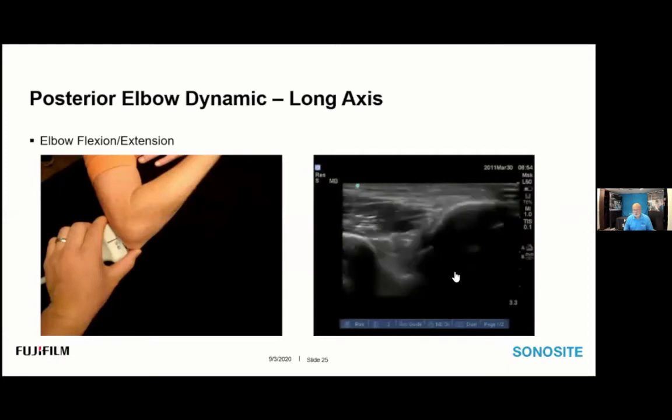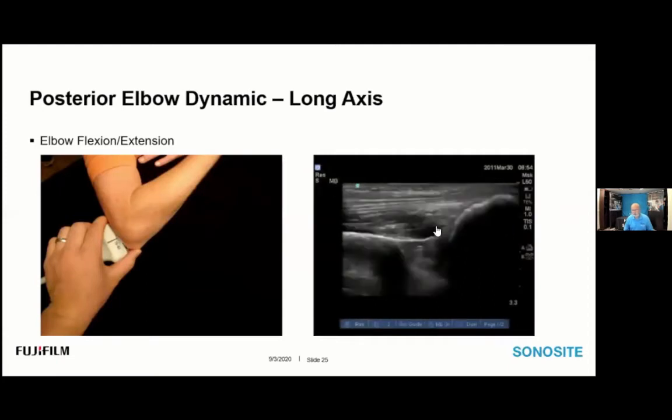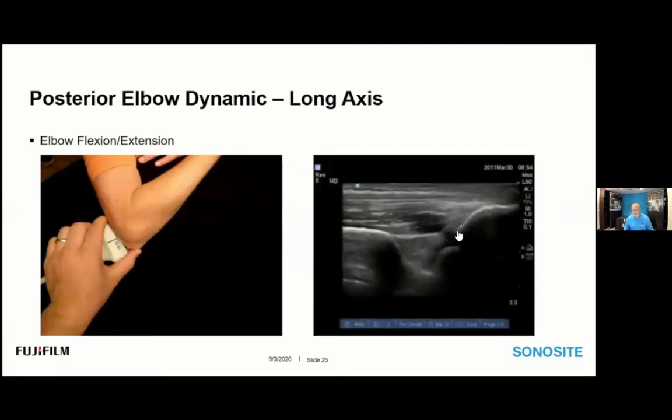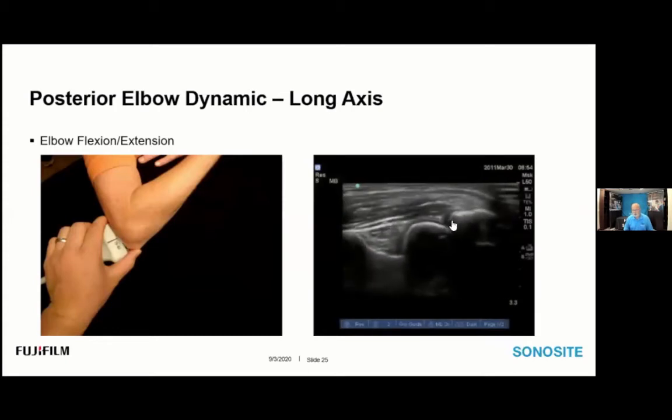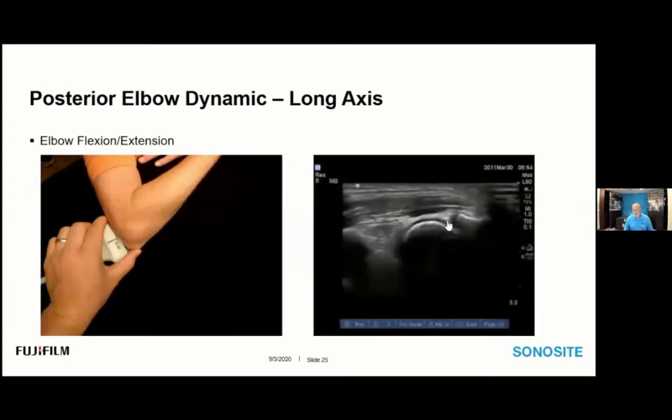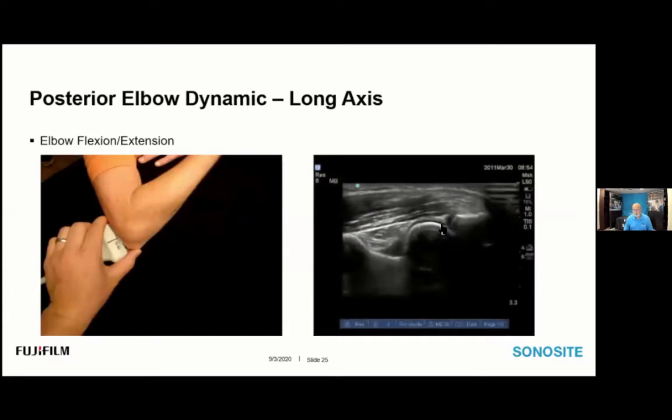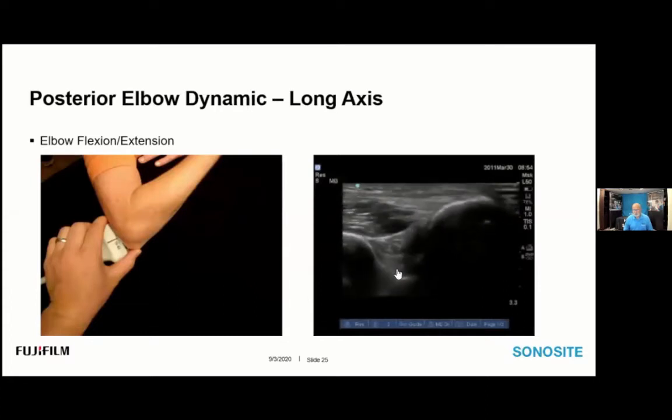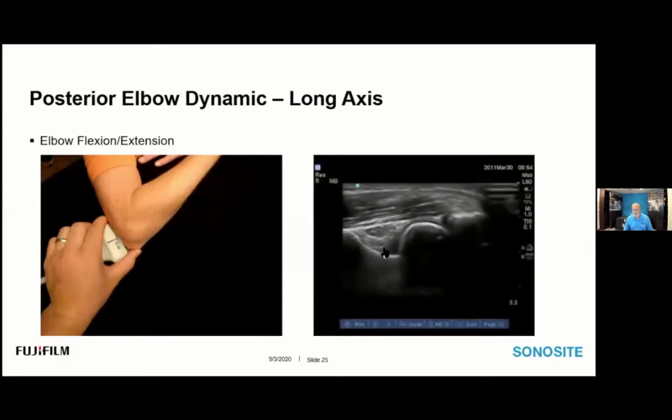Some folks will actually guide the needle right to this location with the elbow flexed. Or conversely, and we'll show you in the short axis in a second, it can be directed deep to the fat pad in the olecranon fossa.